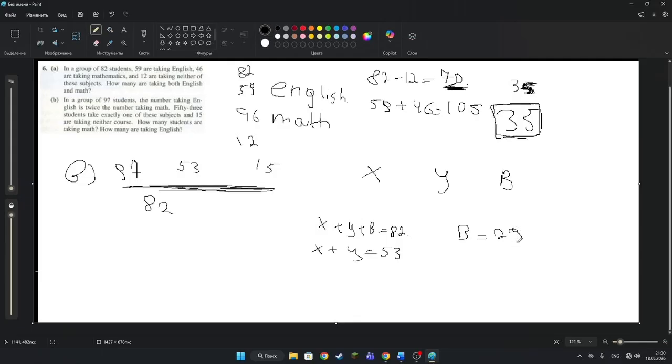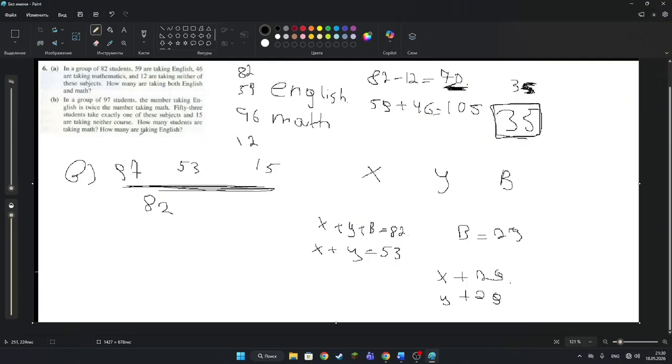So the students who are learning English are X plus 29, and the students who are learning math, not only learning English but also maths, is Y plus 29.